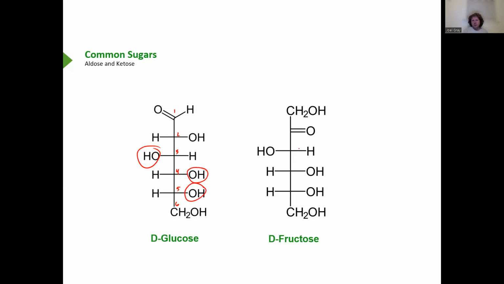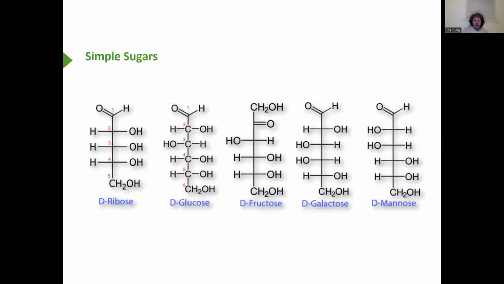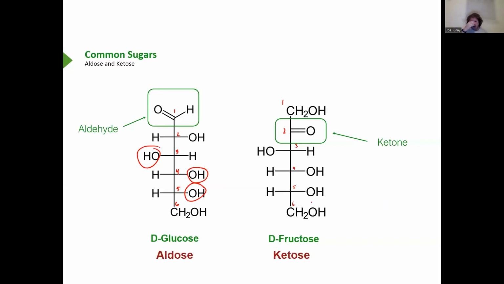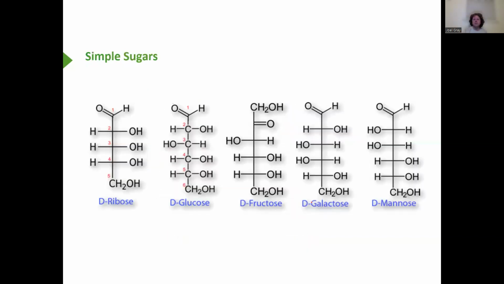So for fructose, our numbering is 1, 2, 3, 4, 5, 6. Carbon number 3 in both fructose and glucose has a hydroxyl group on the left, and carbons 4 and 5 have a hydroxyl group on the right. And there's our examples, aldehyde and ketone.